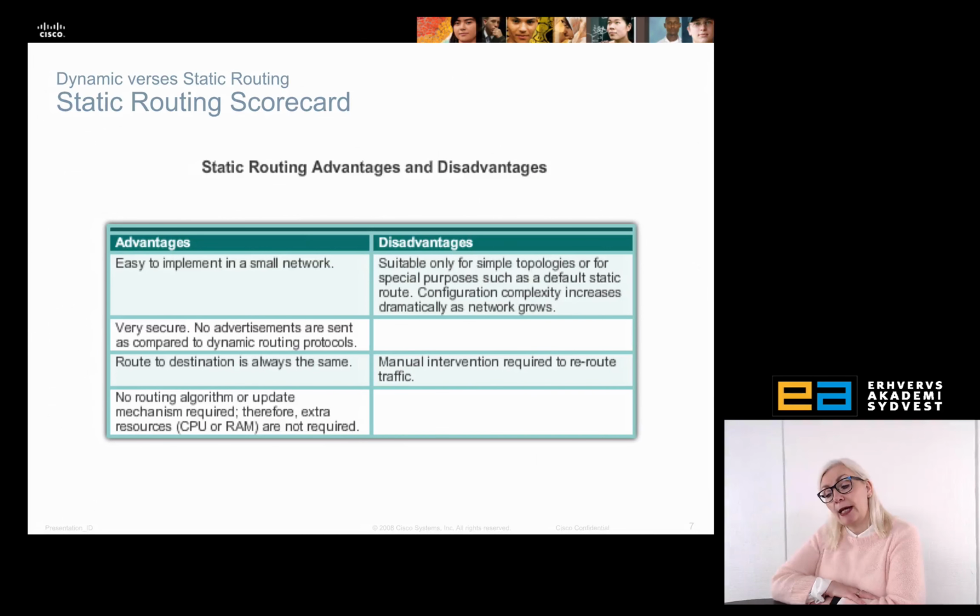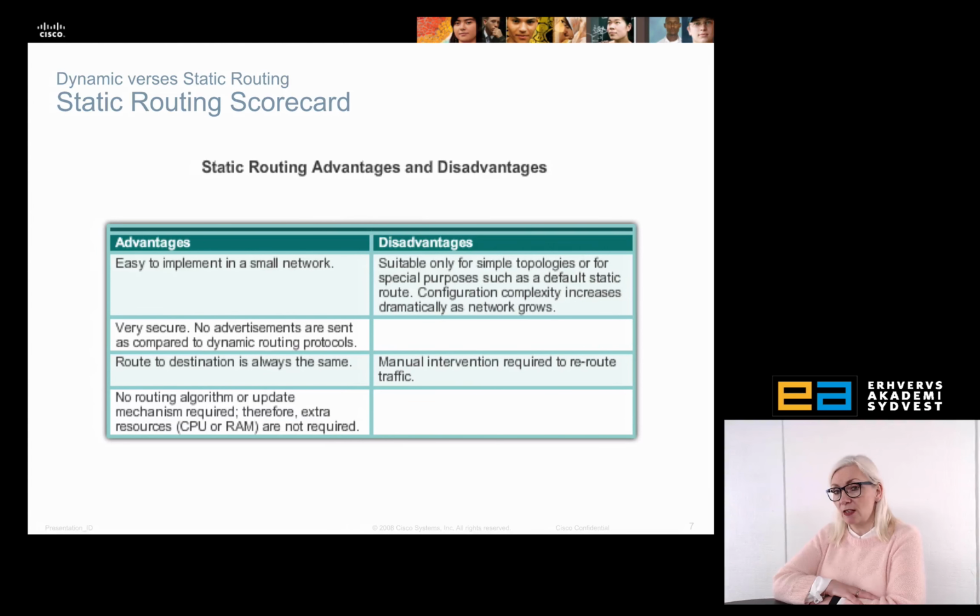If we look at static routing and its advantages, it's easy to implement in small networks, but the disadvantage is that it is very difficult to implement in larger networks. The destination is always the same. The routes will always be there. We have full control of what we have set up, because the only routes that are available are the ones that we have made ourselves.